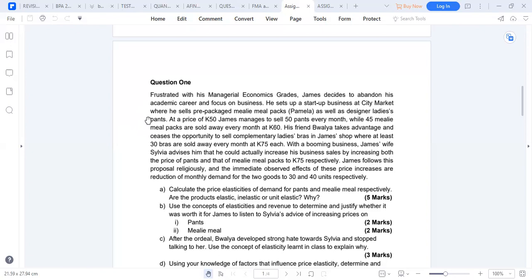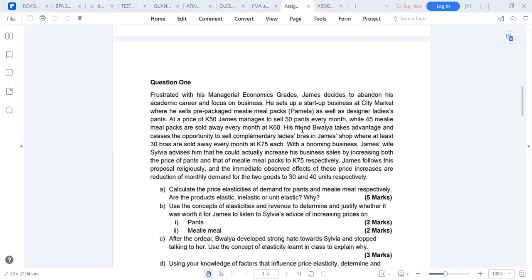He packets mealie meal in designer packs, as well as the ladies' pants, at the price of 50 kwacha. James manages to sell 50 pants every month, whilst at 45 he also manages to sell away every mealie meal bag, 45 mealie meal bags at 60 kwacha.